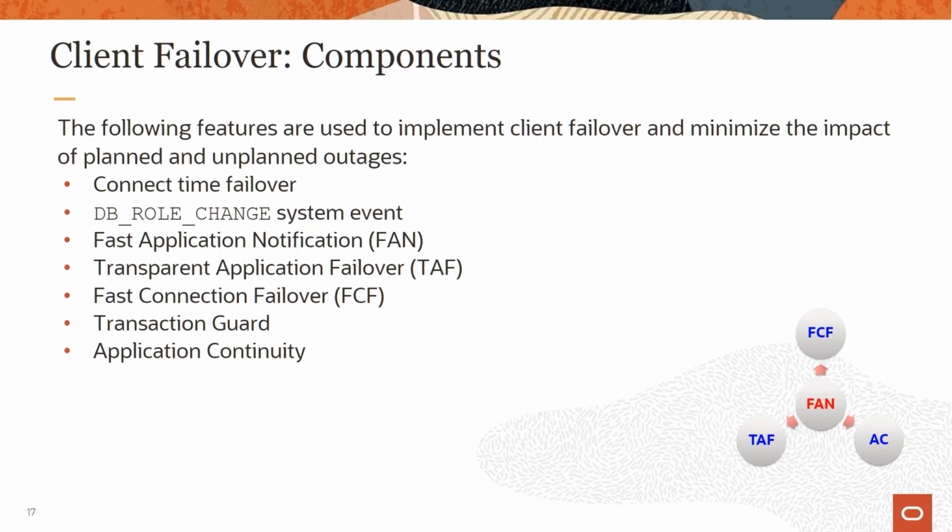Typically, the Oracle Clusterware CRS process generates the FAN message and notifies clients and applications about this database role change. Now, if your Data Guard is configured with the Data Guard broker, then the Data Guard broker also publishes FAN messages as well. And by receiving a FAN message, the application can take action.